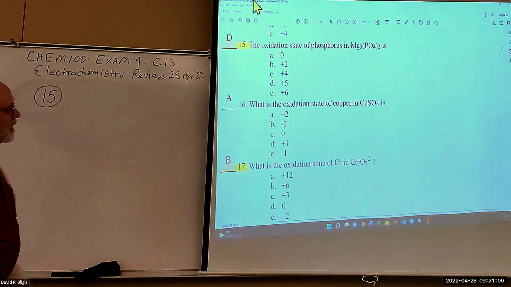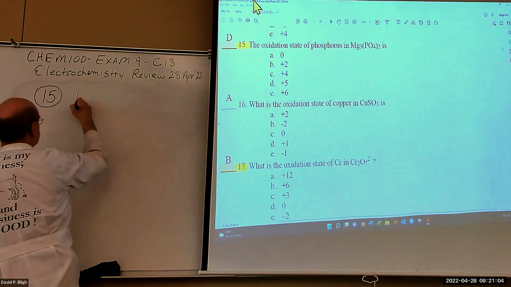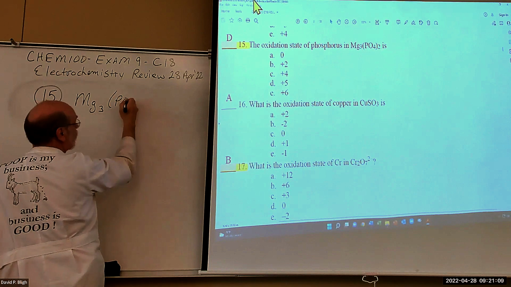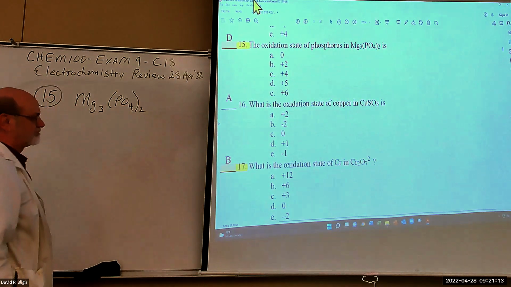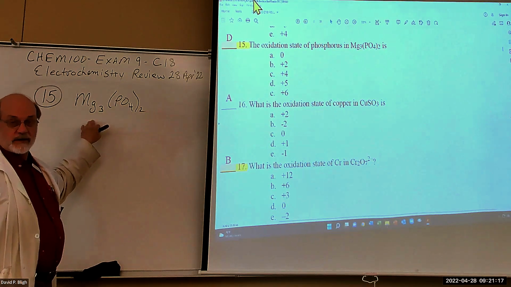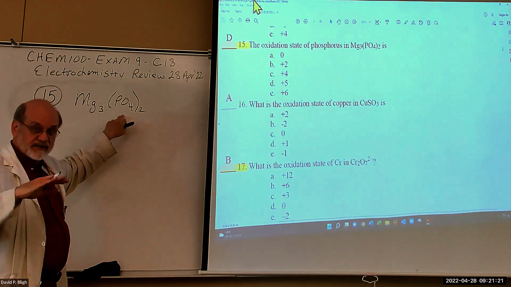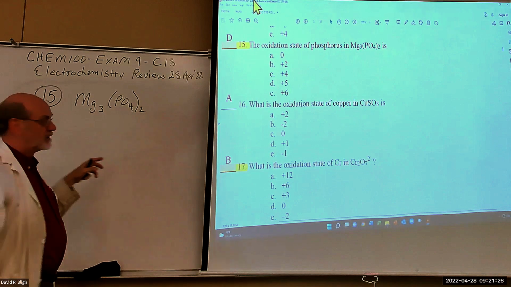All right. What's the oxidation state of phosphorus in this compound? Mg3(PO4)2. Right? So what is that? Well, it's a type 1 compound, magnesium phosphate. That's it. That's the name. Is it written correctly?